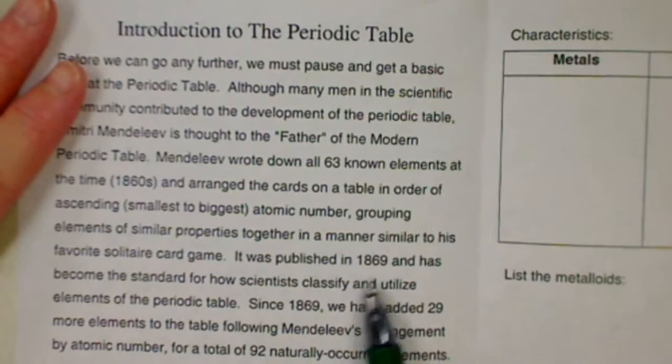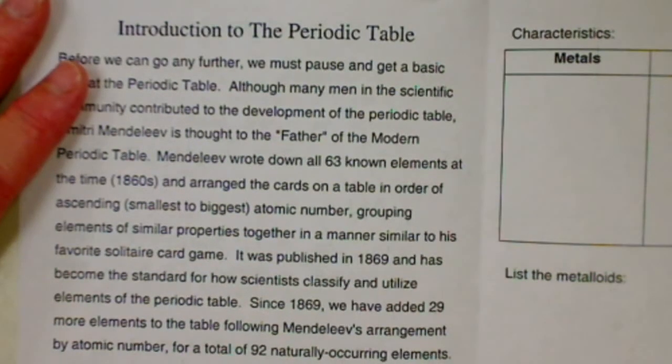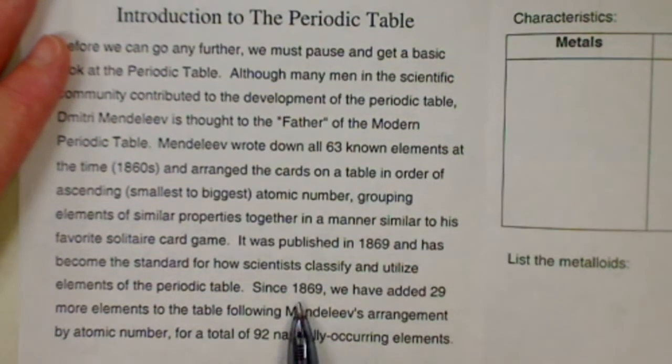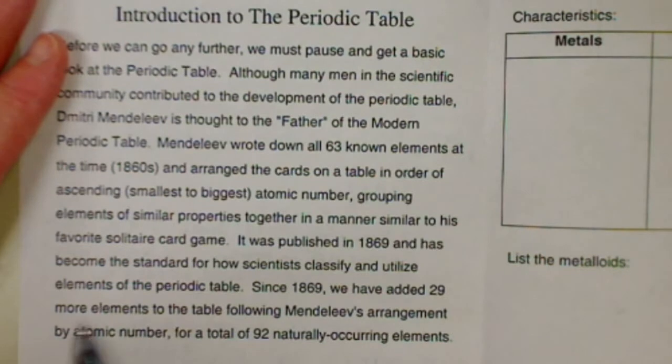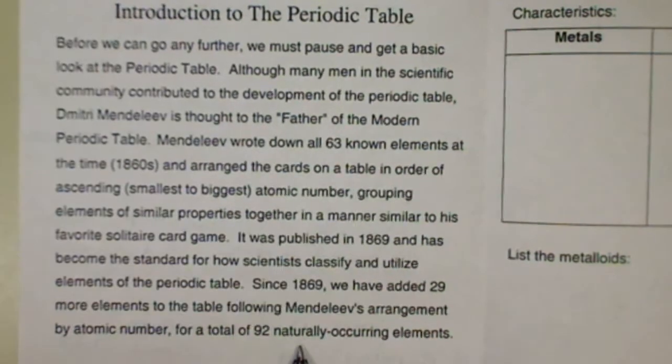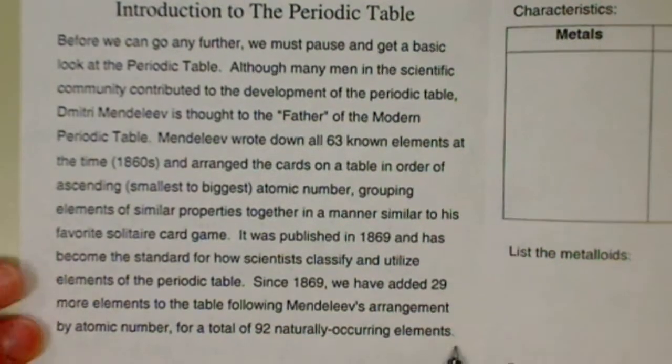It was published in 1869 and has become the standard for how scientists classify and utilize elements of the periodic table. Since 1869, we have added 29 more elements to the table following Mendeleev's arrangement by atomic number for a total of 92 naturally occurring elements.